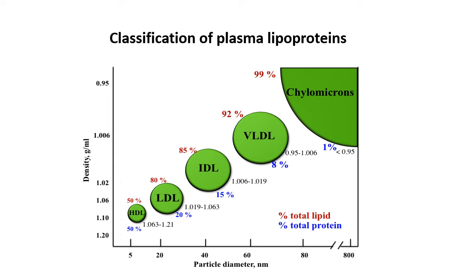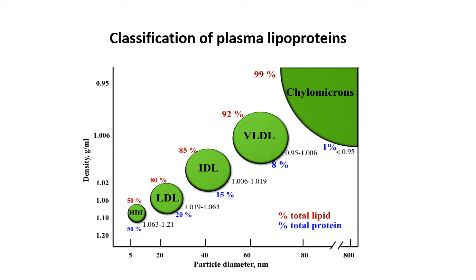For example, HDL particles are the smallest in size and the densest of the lipoproteins, as you can see in the figure. Chylomicrons, on the other hand, are the lipoprotein particles lowest in density and largest in size. Note that chylomicrons are composed of about 99% lipid and 1% protein.